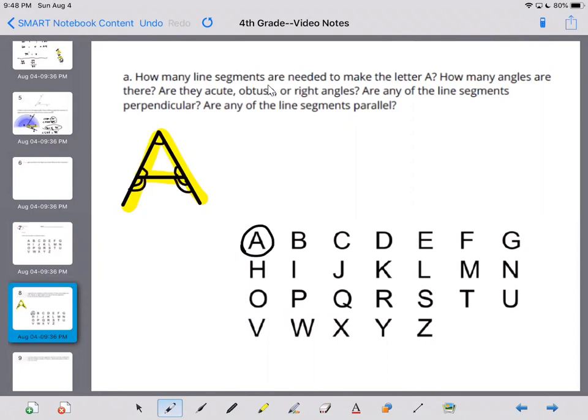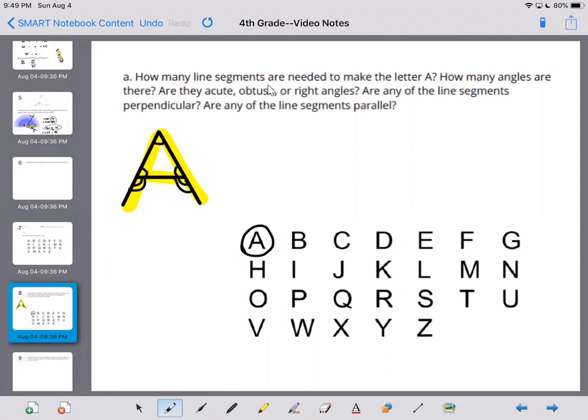And 3 of these angles are acute and 2 are obtuse. So students will be able to count angles and see that angles are greater than 180 degrees. And so that's important for students to be able to identify, so they can see what angles are larger than 180, larger than 90, smaller than 90.